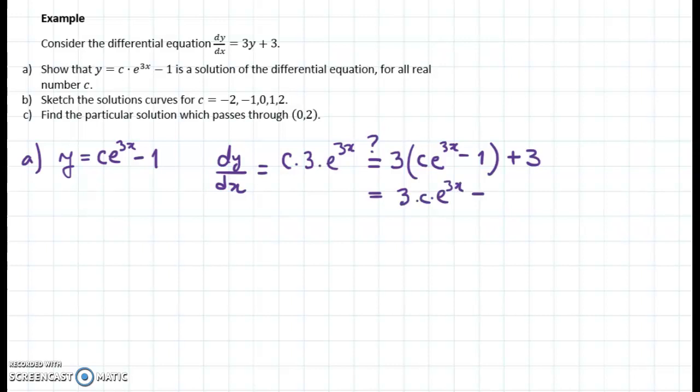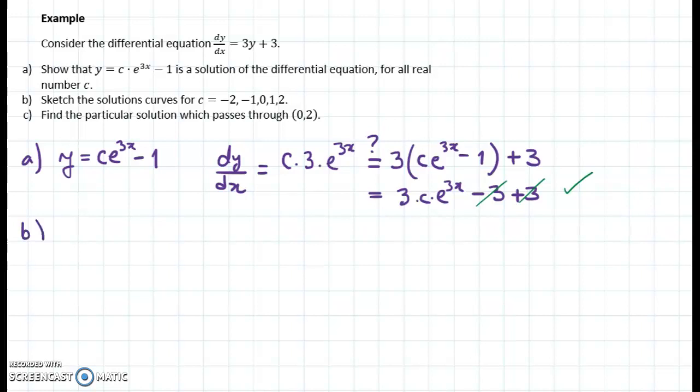And then we have 3 multiplied by negative 1, negative 3, plus 3. So we have the constants cancelling, and we did indeed get the same as the derivative of the function with respect to x. So we show that for each value c, the function y equals c times e to the 3x minus 1 is a solution of the differential equation.